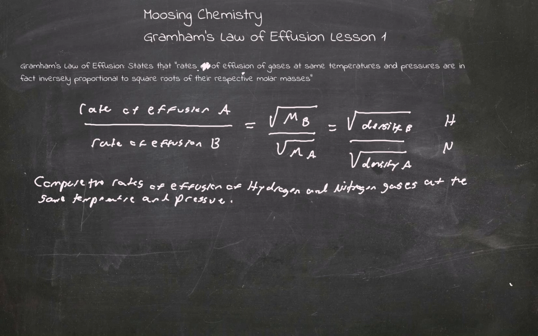Since hydrogen is diatomic, which means it's with itself, the molar mass of hydrogen is actually 2.02 grams per mole in diatomic form, and nitrogen would be 28.02 grams per mole in its diatomic form.